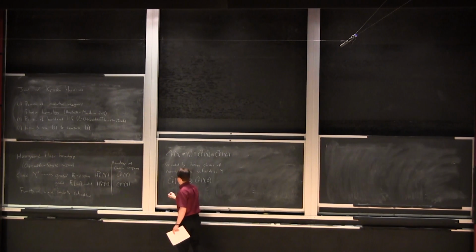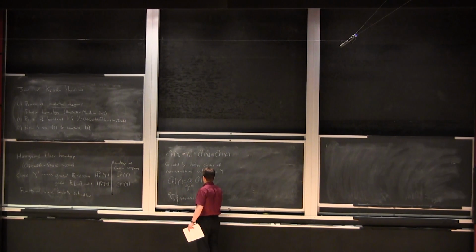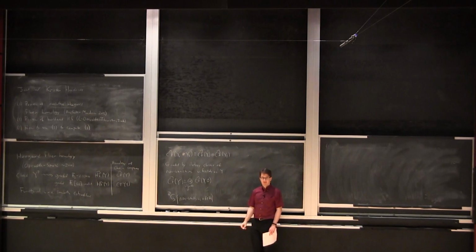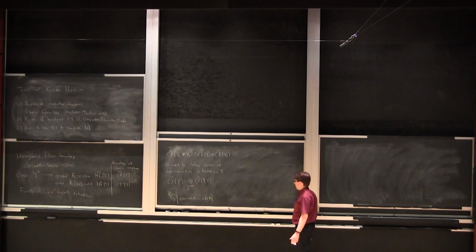Now there's a Z action on the set of isotopy classes of non-vanishing vector fields, because the non-vanishing vector fields on S3 are in bijection with Z via the Hopf invariant. It's an exercise.